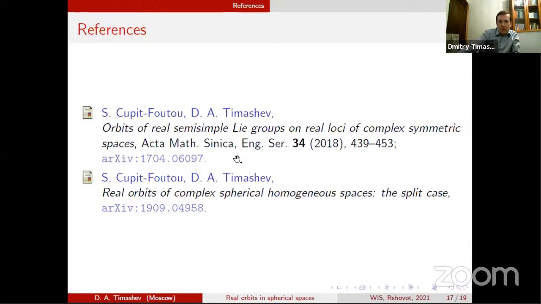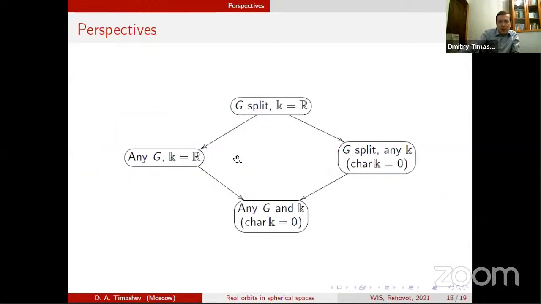Maybe it's a good time to show you another slide, what we can do next. By the way, we involved Shgun in this project. So far we have no further results, but we hope to get them. What we did is this upper node of this diamond, the case of split G and real numbers. What we can do next is consider any G and still the field of real numbers.